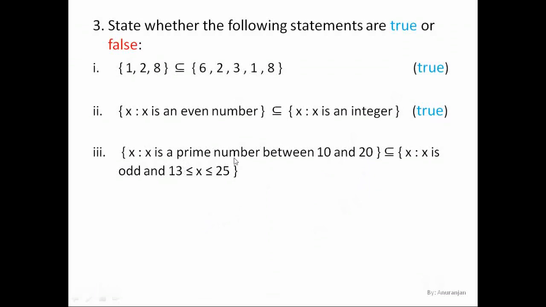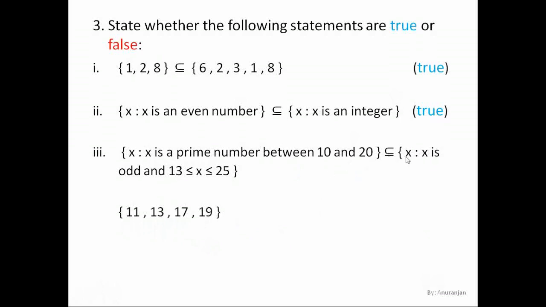Prime numbers means a number which has only two factors, that is 1 and itself. So here after 10, what prime numbers can we have? 11, then 13, then 17 and then 19. So these are the elements of the first set.